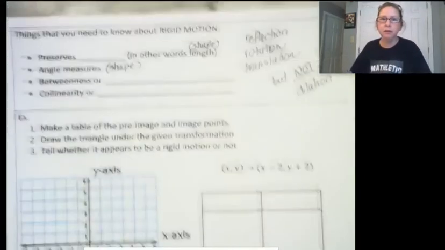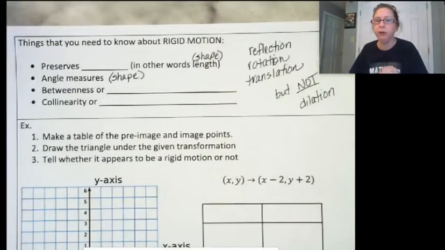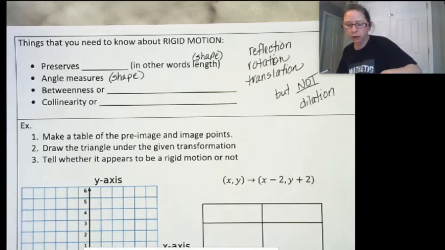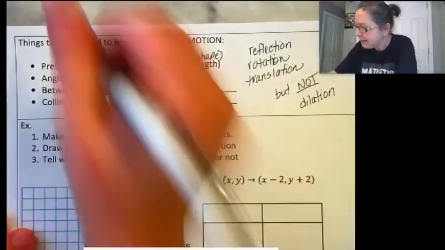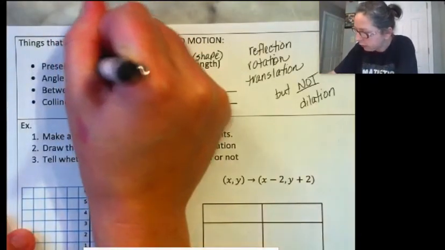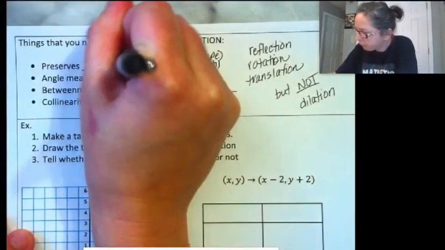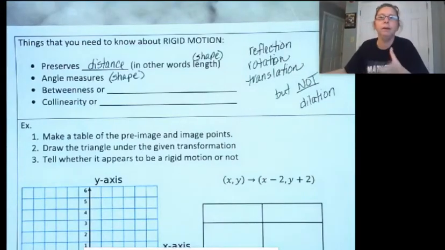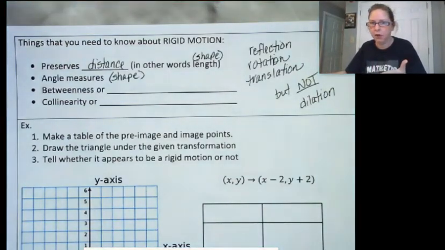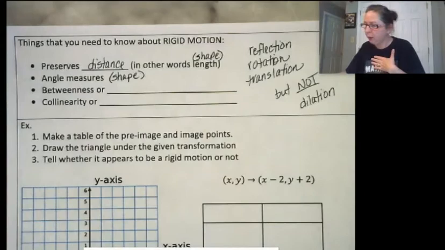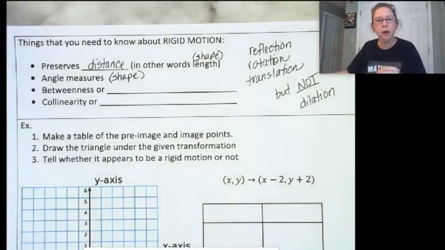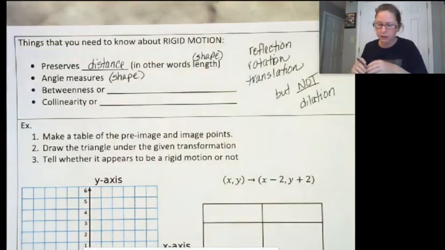Okay, so things that you need to know about rigid motion from our two examples that we just looked at. Rigid motion preserves distance, or length of the sides of your figure. It also preserves angle measures, or your shape.